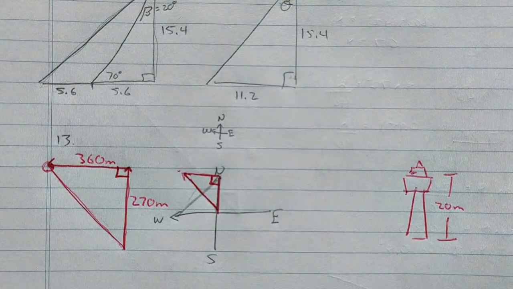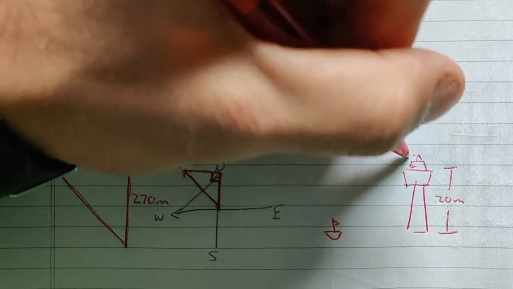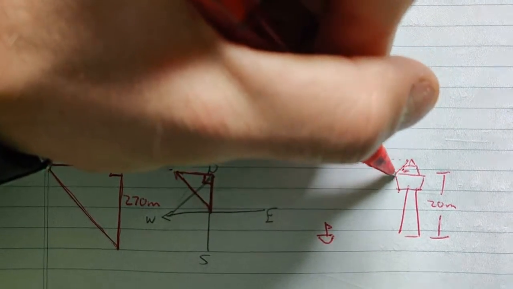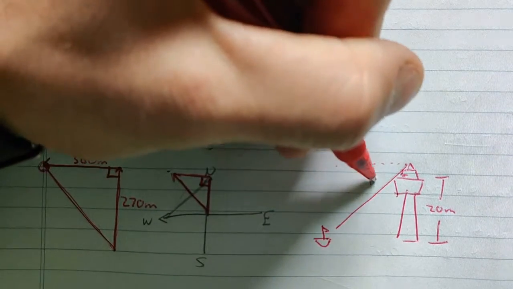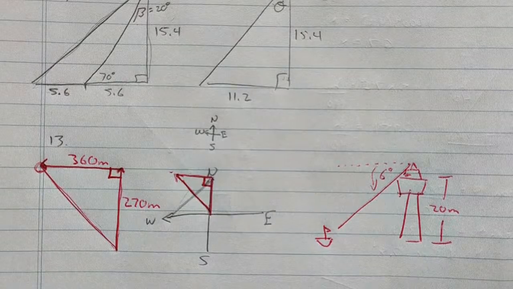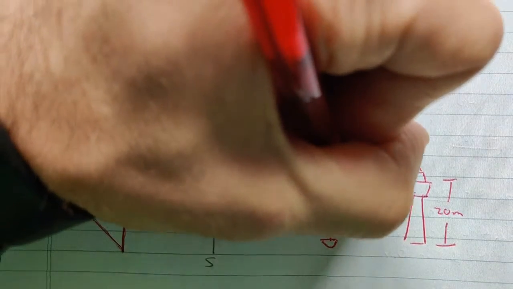And then the angle of depression of a boat on the water. So you got a boat over here on the water. The angle of depression is based off of looking, if you were looking straight out and then you look down at the boat, that's the depression. That is what is 6 degrees. And then you can use that to find the boat from the lighthouse distance, and you can drop a line down here.